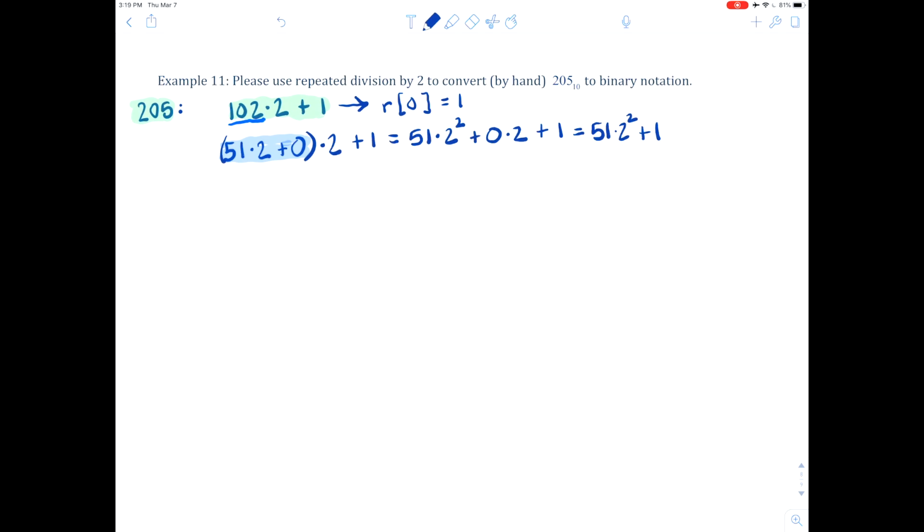Now, let's talk about the remainder we got when we divided 102 by 2. So this remainder, call it R at 1, is equal to 0 because we got a 0 here, right? This one was 1 because we got a 1 here. The only remainders we'll get will be 0 or 1 because we're in base 2.